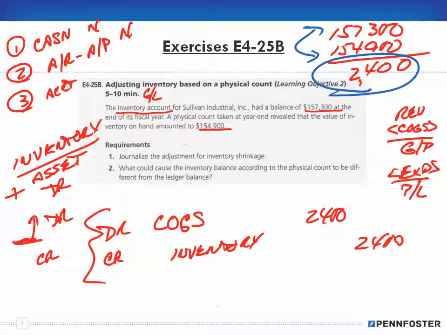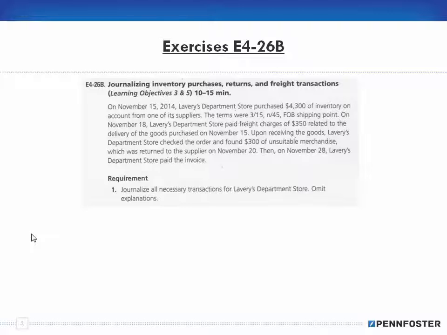Right? Okay, 26. It says here, on November 15th, Lavery's department store purchased $4,300 of inventory on account from one of its suppliers. The terms were 3/15, net 45, FOB shipping point.